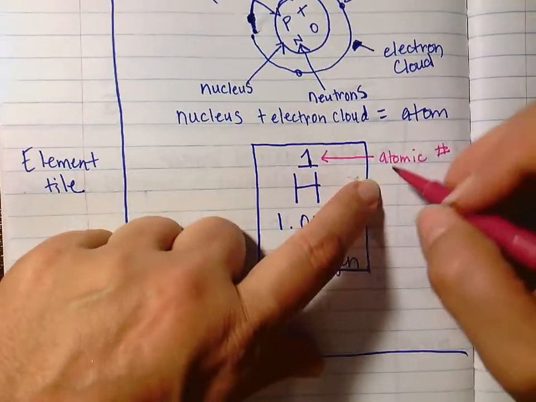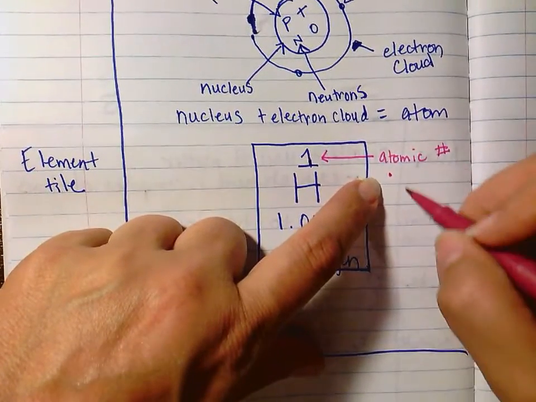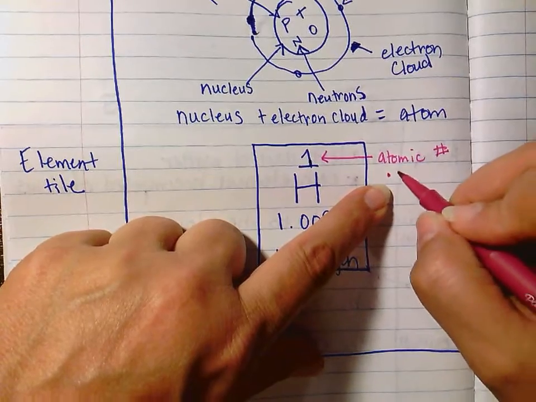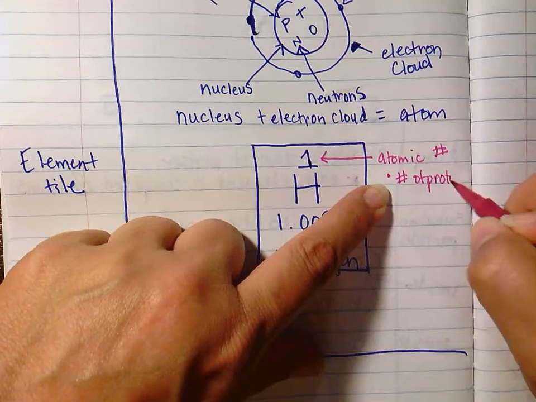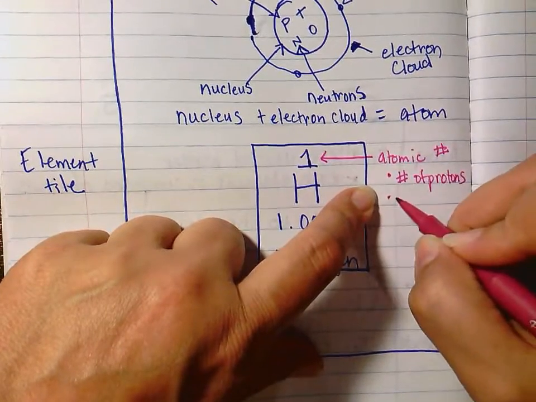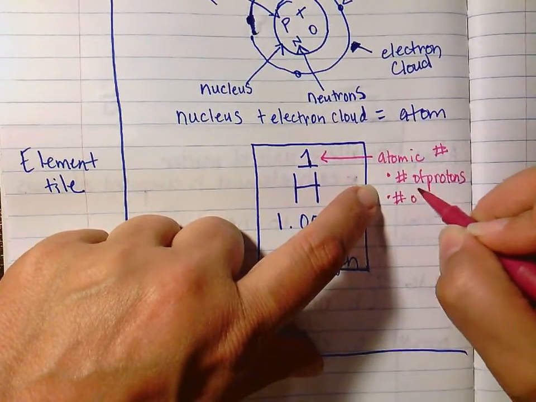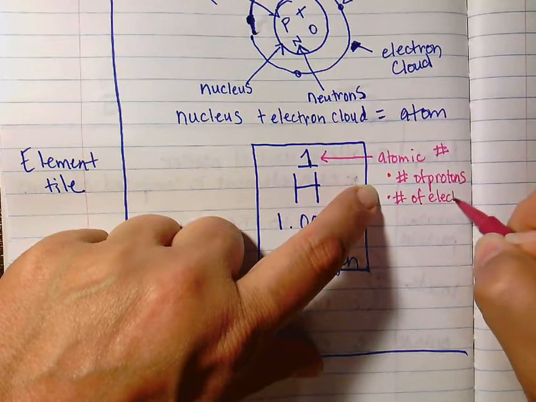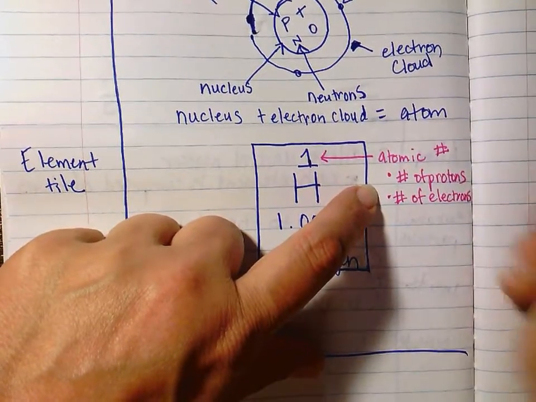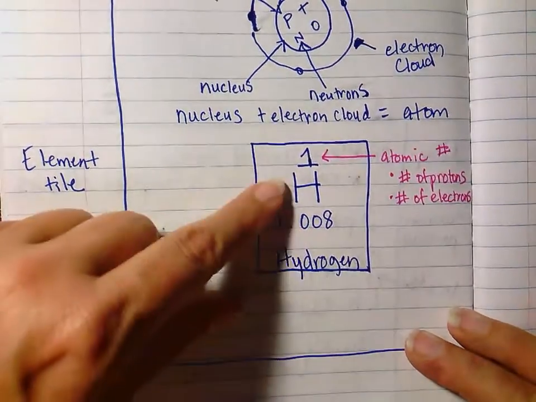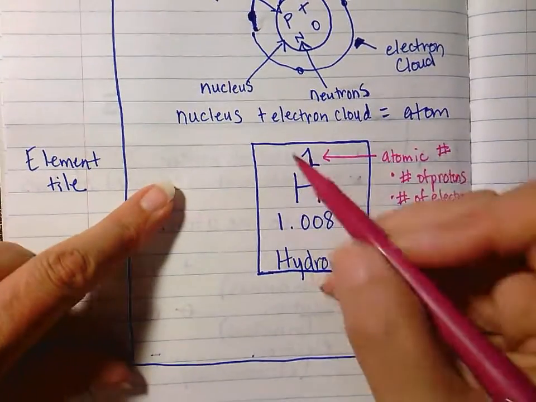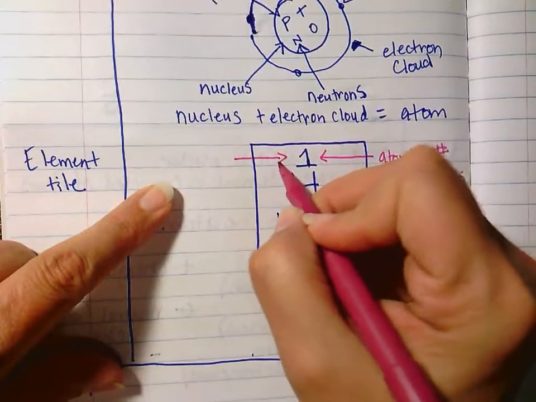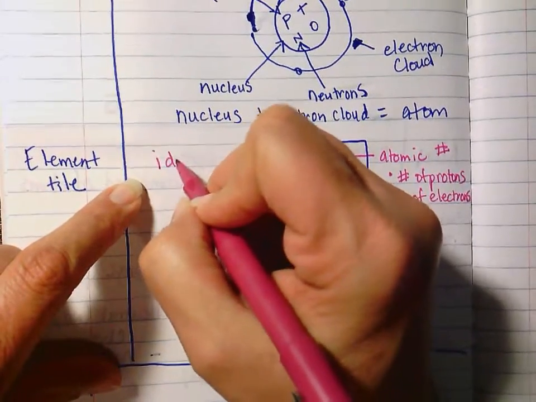All right? But here's what you don't know. The atomic number tells you the number of protons and the number of electrons. So, for hydrogen, hydrogen has 1 proton and 1 electron. All right? This number right here gives the element its identity.